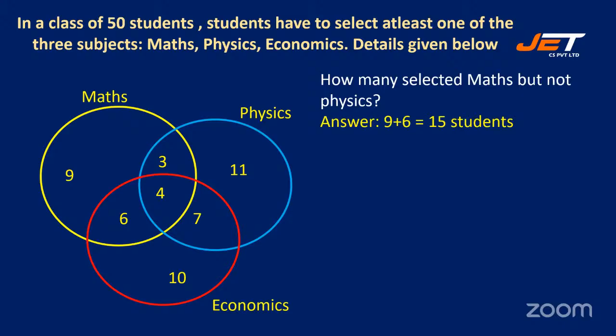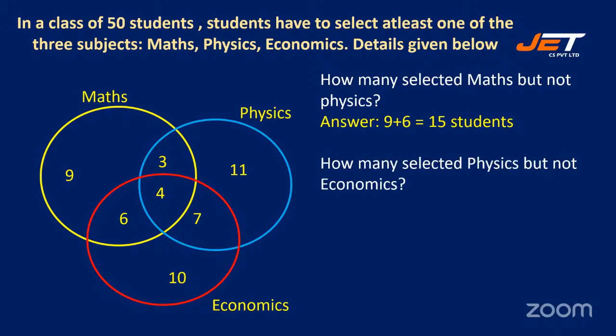So you should take 9 plus 6. Under the maths circle, you see 4 has selected all 3, so you should not take that because physics is in that. 3 consists of maths and physics, so you should not take 3 because we should avoid physics. 6 consists of maths and economics. So you are taking 9 plus 6.